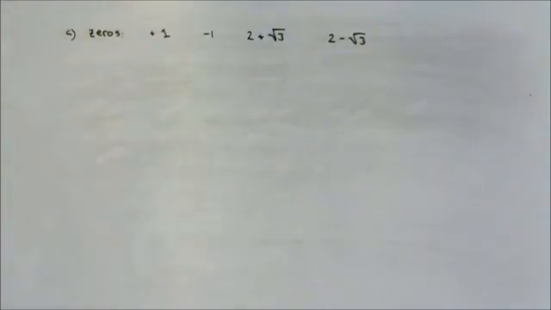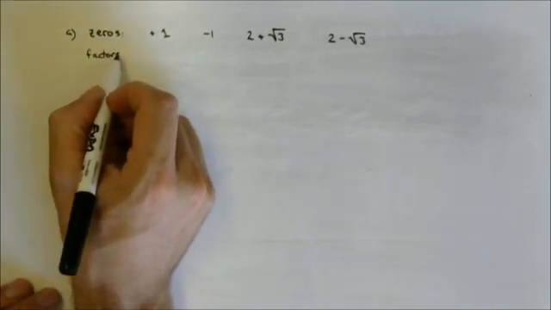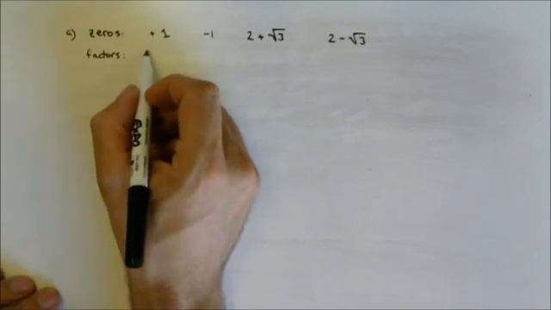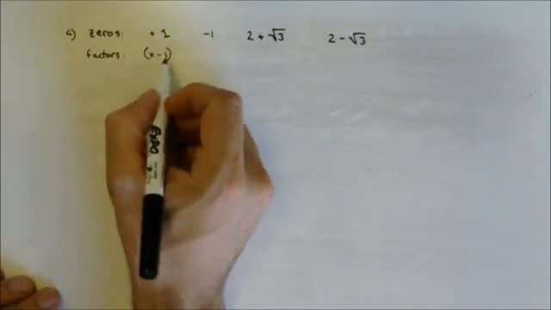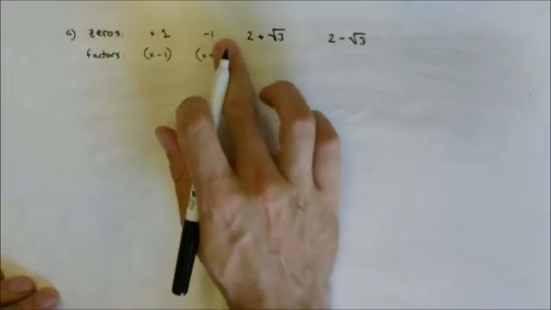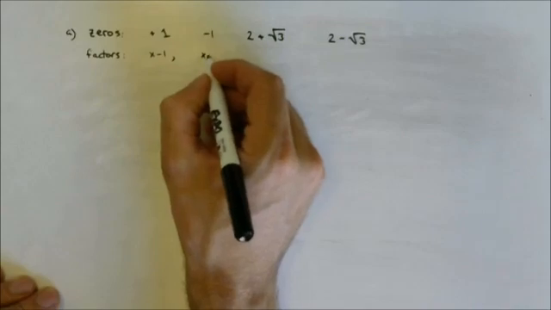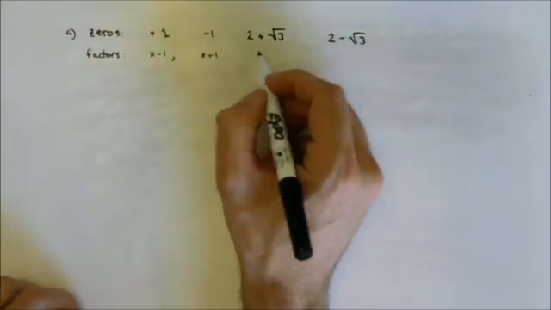So we can develop our factors from that. Our factors would be x minus 1, x plus 1. Don't normally put brackets around it at this step. Then be careful here.